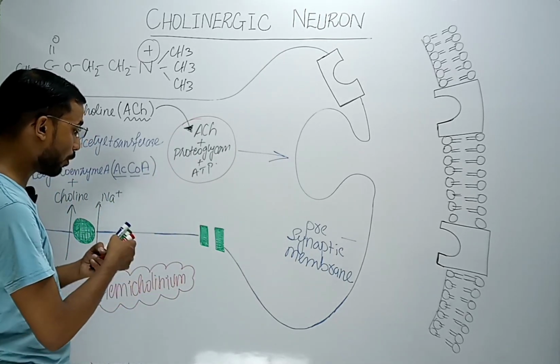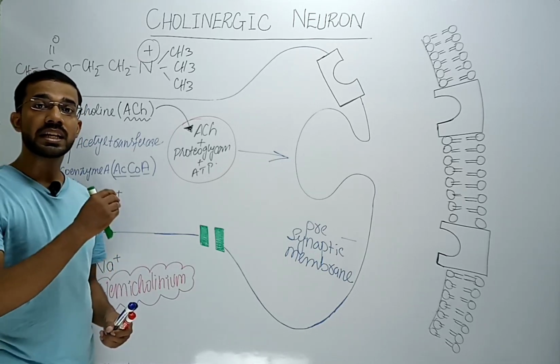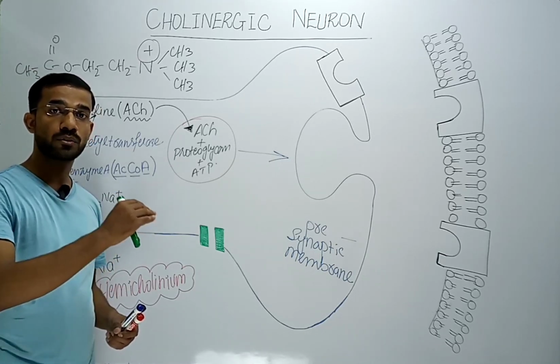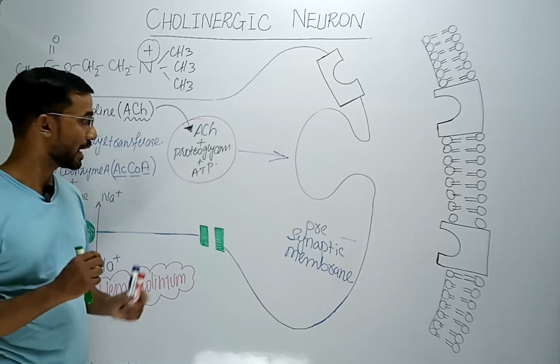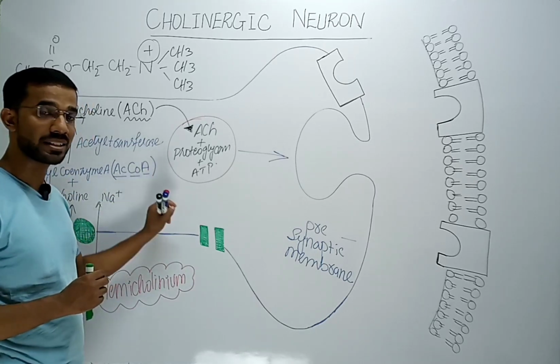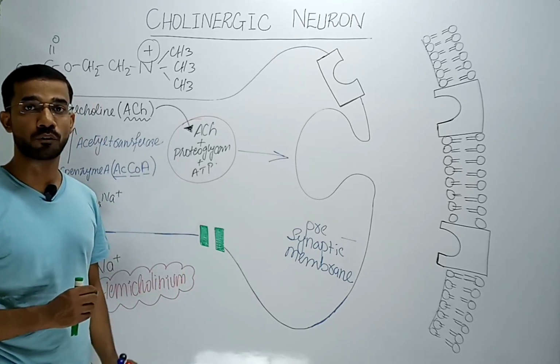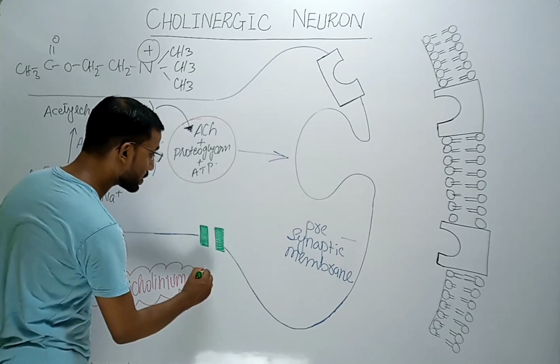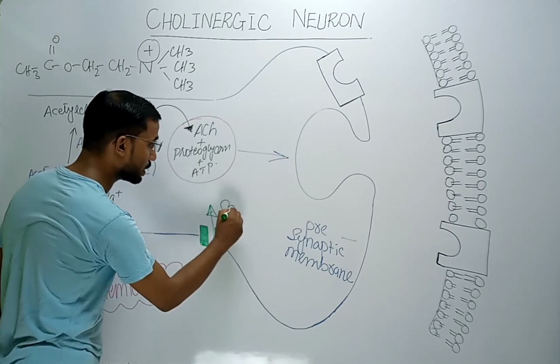There is another important thing, as we know that the electrical impulse transmits through the neuron. When the electrical impulse reaches the terminal site of the neurons, a lot of calcium ions start entering the neurons.